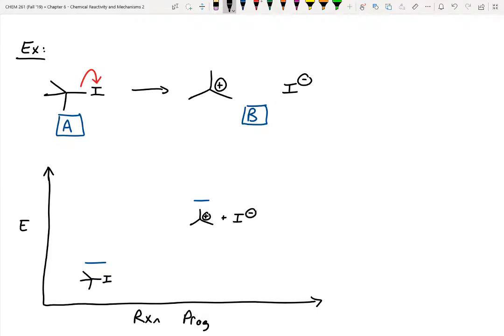We know we've got to go over some sort of energetic barrier during this process. Let me actually extend this out. We know that this is going to be our activation energy. And we know that this must be our transition state.